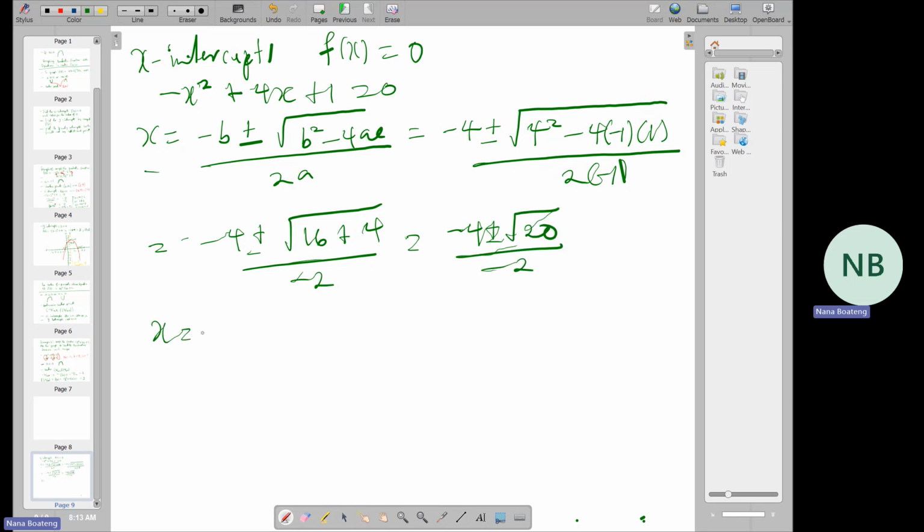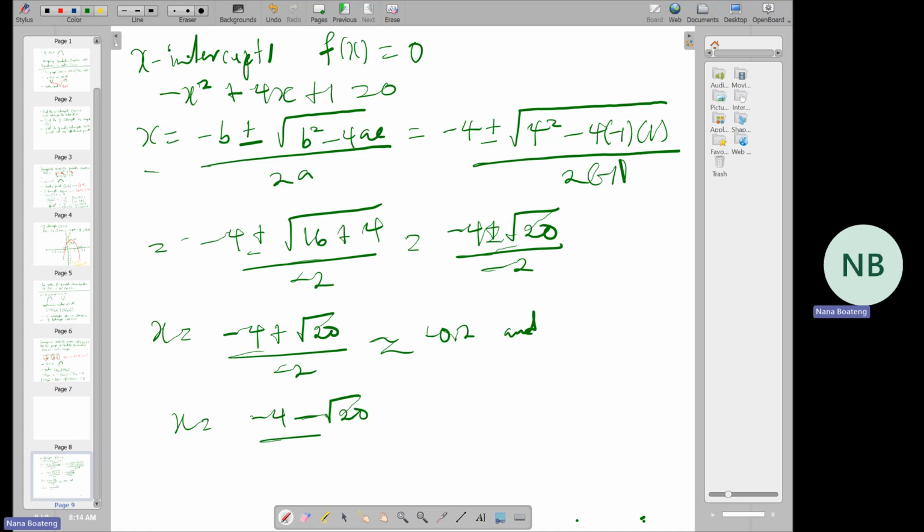So x is equal to -4 plus square root of 20 divided by -2, which is approximately -0.2, and x is also equal to -4 minus square root of 20 divided by -2, which is approximately 4.2, if we find this on our calculator. So the parabola crosses the x-axis at these points.